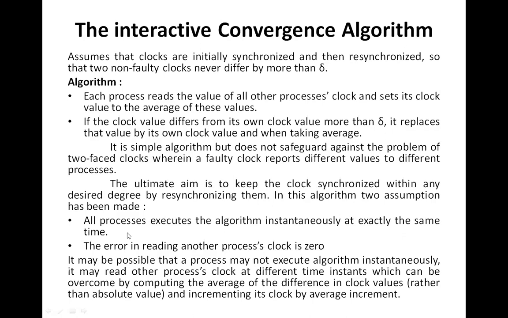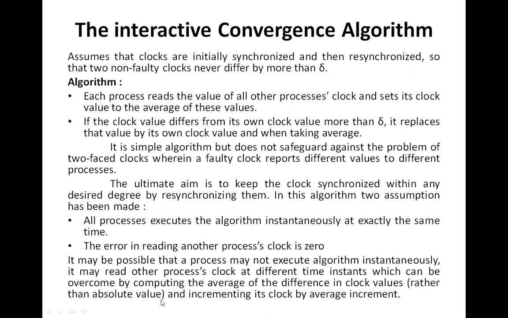So with these two assumptions, it may be possible that the processes may not execute the algorithm instantaneously, because it is not possible for all the processes to execute the algorithm instantaneously. They may read other processes' clocks at different time instants. This can be overcome by computing the average of the difference in the clock values rather than the absolute value.